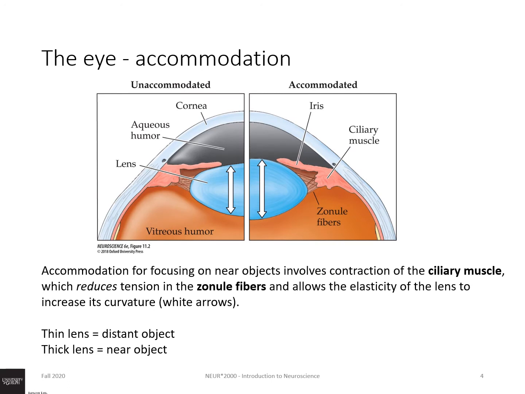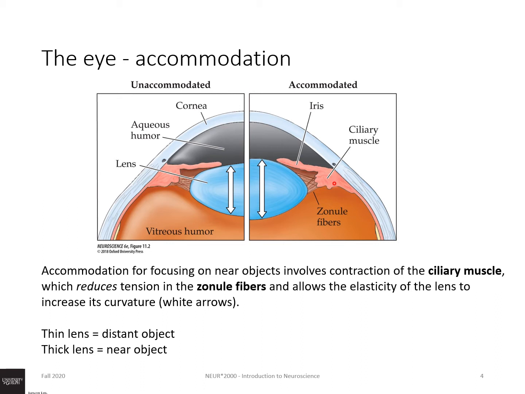So I've mentioned accommodation. This is what allows the eye to focus on near or far objects. So the lens accommodates in order to focus. So for focusing on near objects, that involves a contraction of the ciliary muscle.